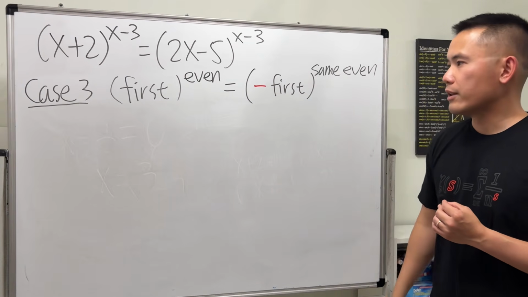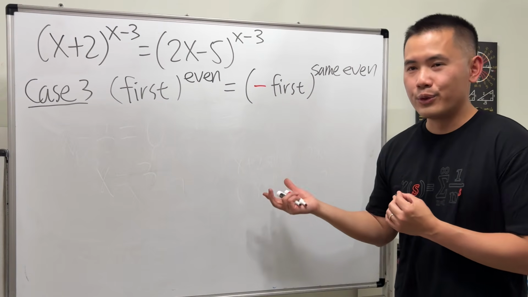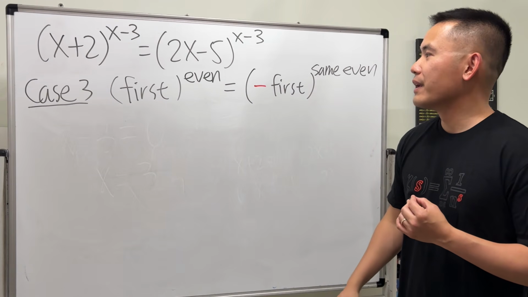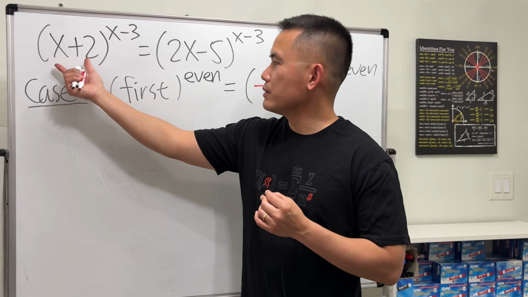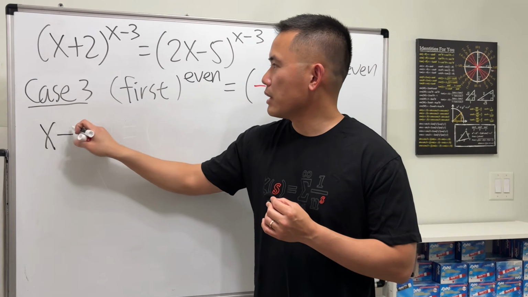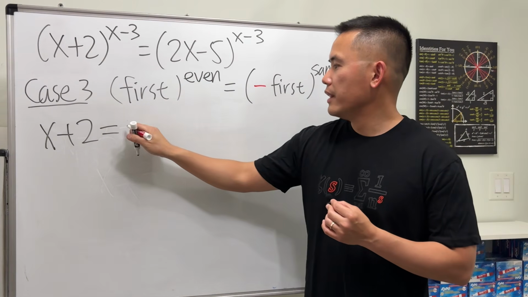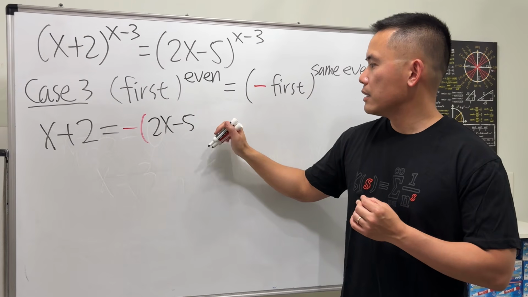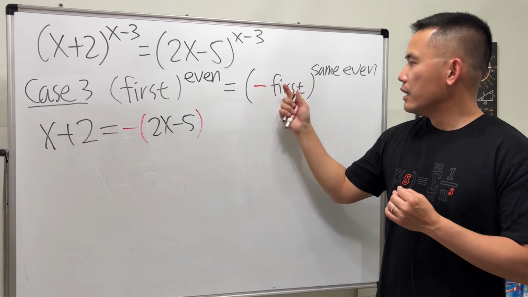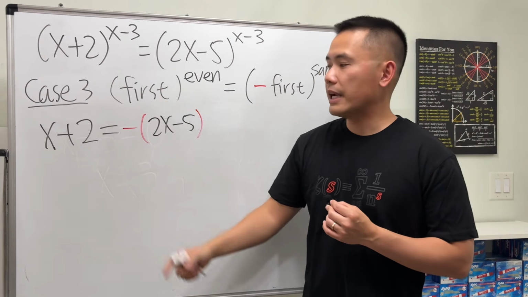So what do I mean by that though? Well, I'm just going to work it out and then show you that this is actually possible. I'm going to put down the first base, which is x plus 2, and make it equal to the negative of the second base, because I want the second base to be the negative of the first, right?